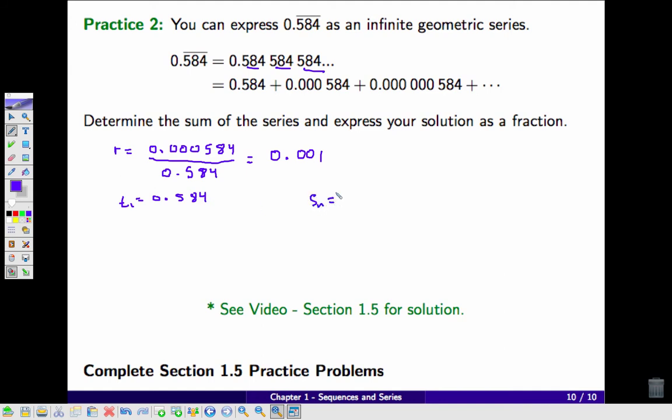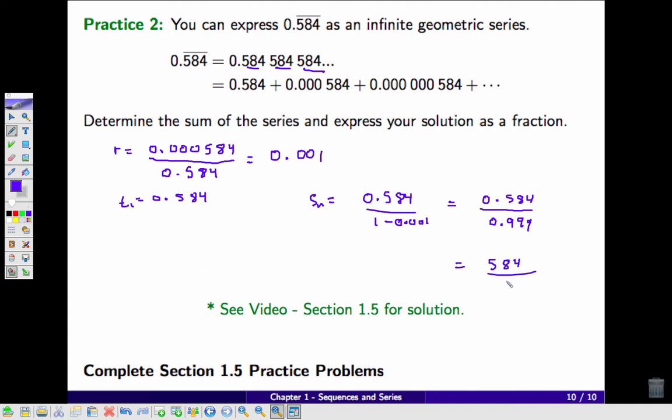So we simply plug it into the formula. S is equal to T1, 0.584, over 1 minus r. I'm not going to leave it like this.